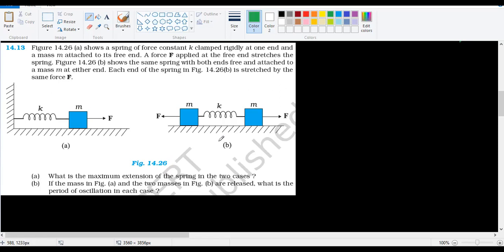Let's see another given information. The mass in figure A and the two masses are released. What is the period of oscillation in each case?